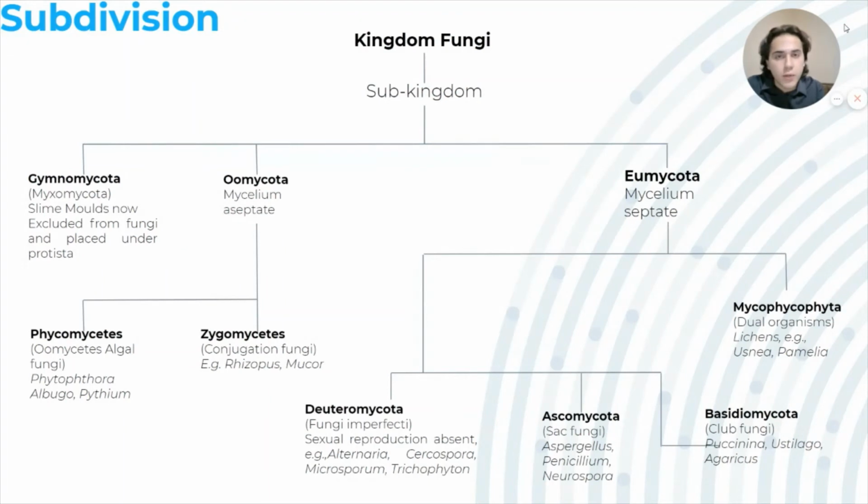As we can appreciate, the subdivisions of the fungi kingdom are many. And as we will see in the next part of this presentation with my next teammate, there are near to 120 different kinds of fungi. So there are a lot of subdivisions.